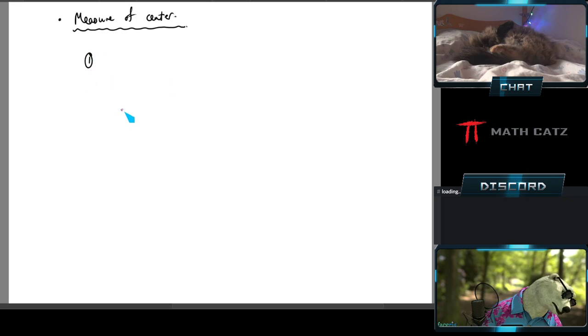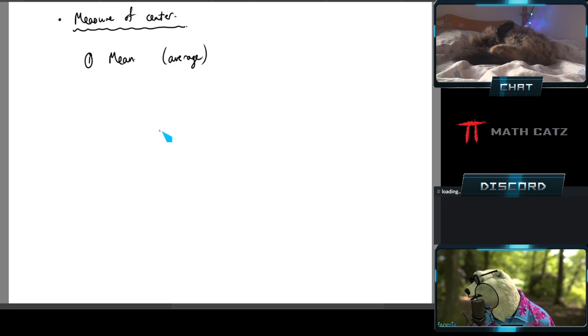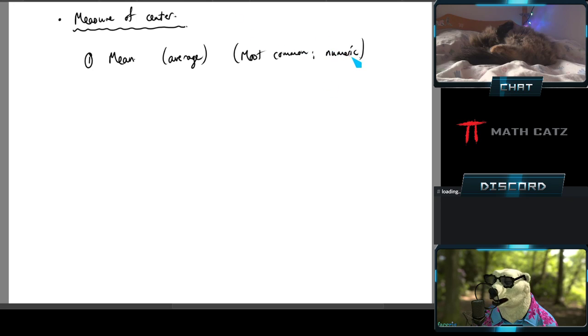Of course, I'm talking about numerical variables here so that I can actually perform a calculation on the scores, and we're going to call that the mean. But it's just the average that we all, I think, know. Most commonly used, most common for numeric variables. That was supposed to be an R. There we go.